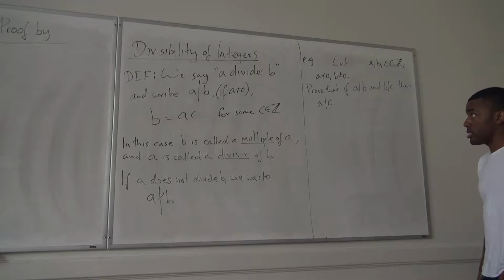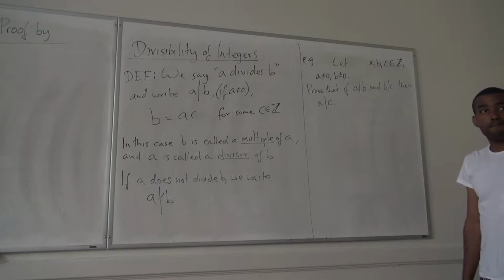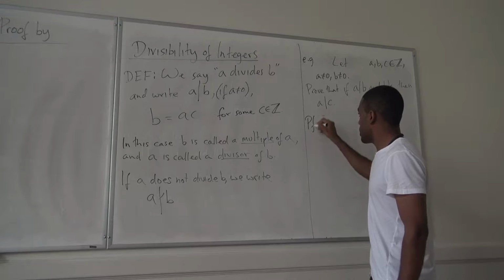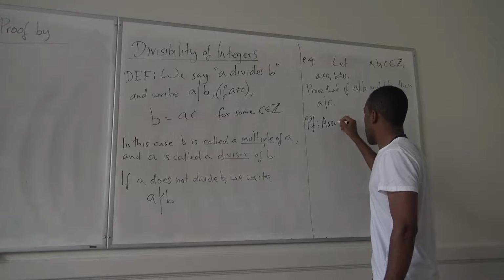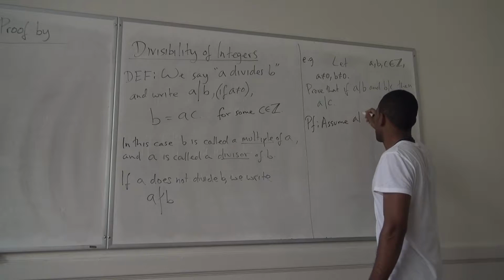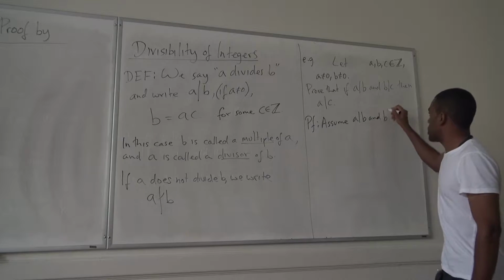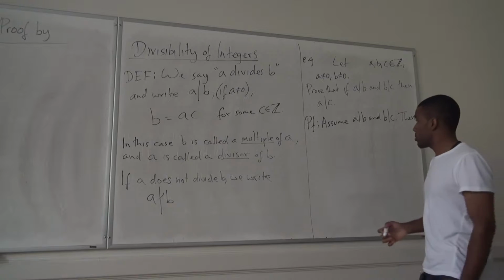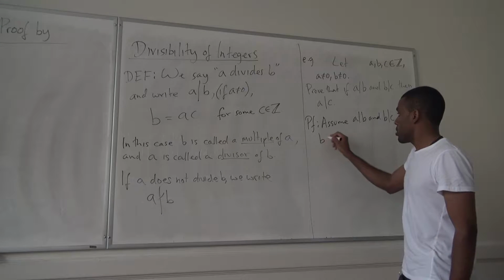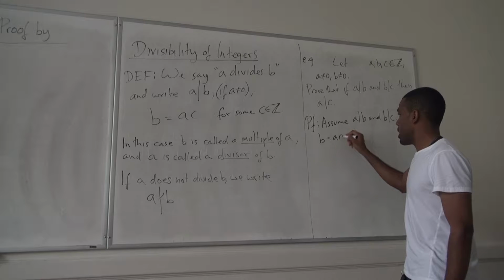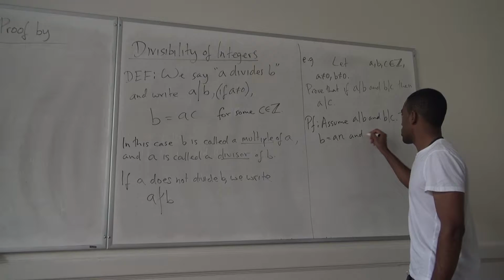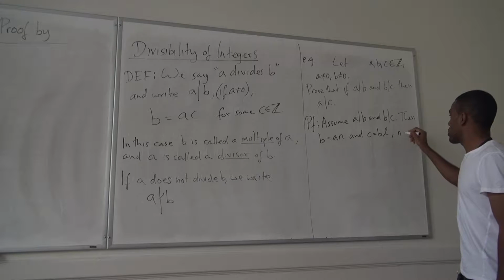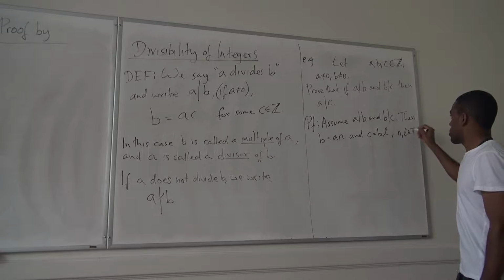Okay, how would you go about this? Want a direct proof? Okay. Assume A divides B and B divides C. Then B is equal to AN, and C equals BL, where N and L are integers. That's correct.